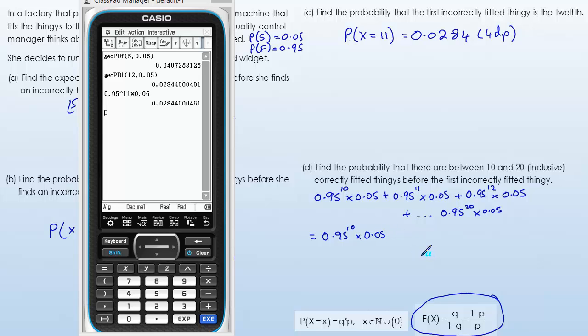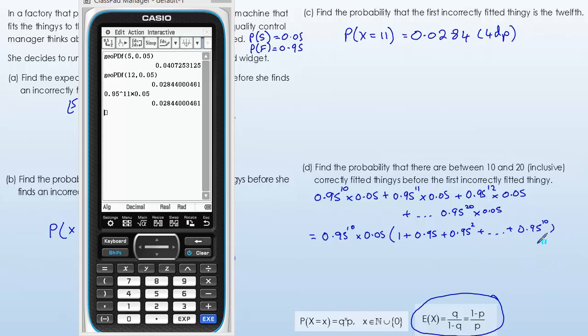If we take that out, we end up with 1 plus 0.95 plus 0.95 squared, and so on up to 0.95 to the power 10.